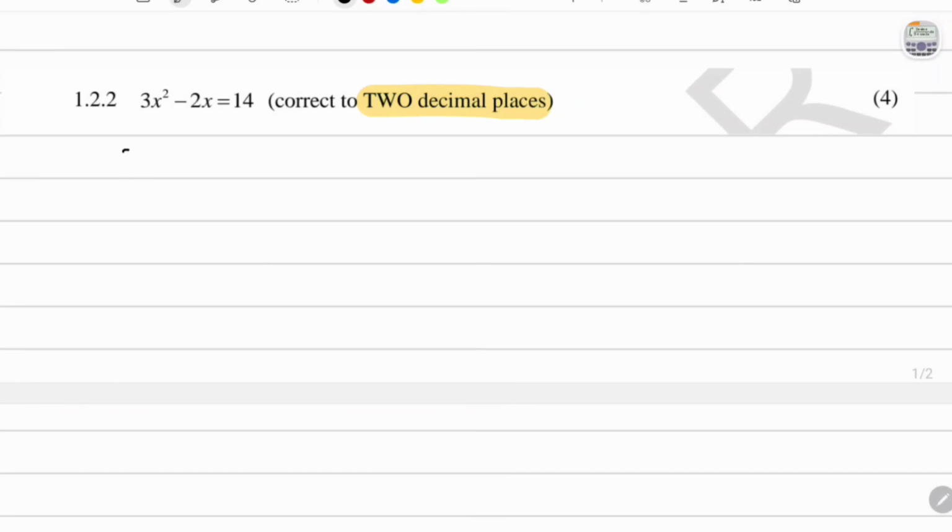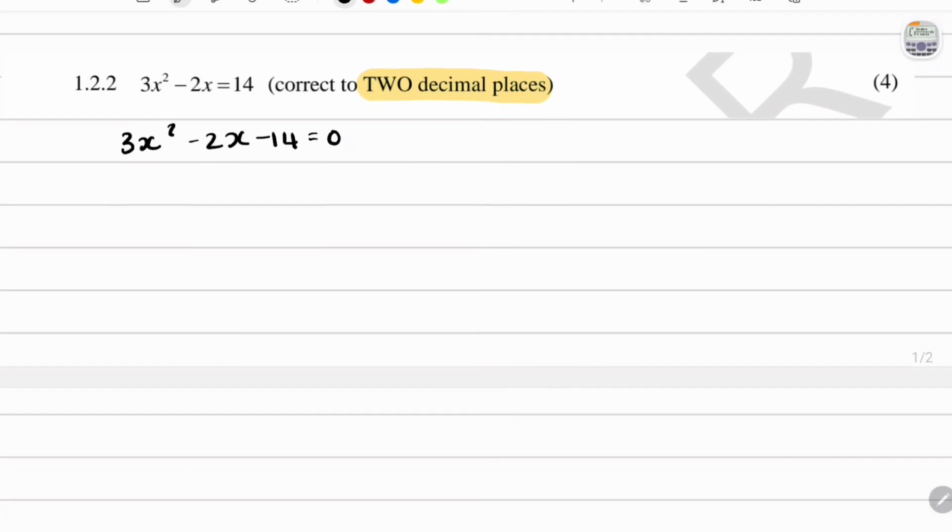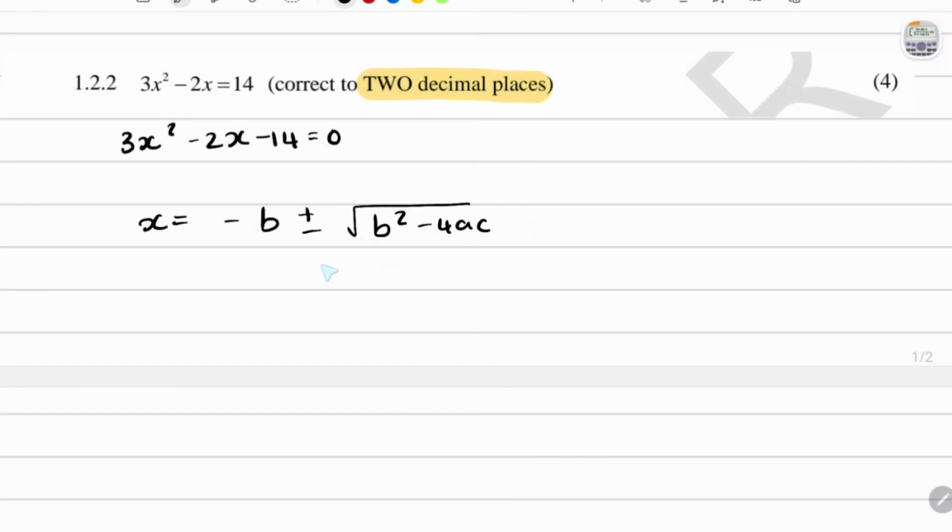So we're just going to rewrite this. This is going to be 3x squared minus 2x, and that becomes a minus 14 is equal to 0. Okay, now we can go ahead and use the quadratic formula, which is x is equal to -b plus minus the square root of b squared minus 4ac all over 2a.